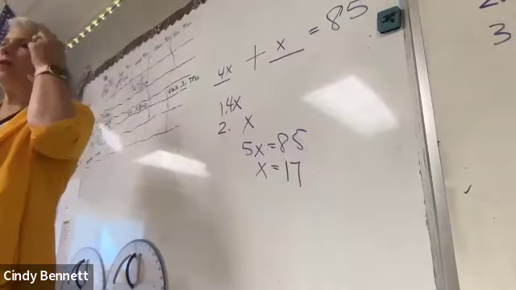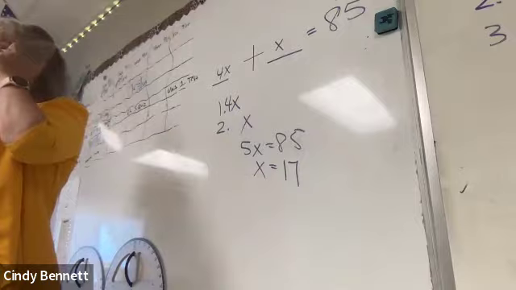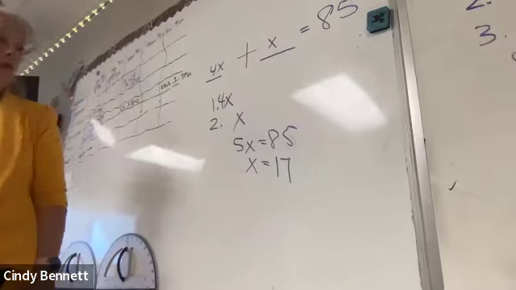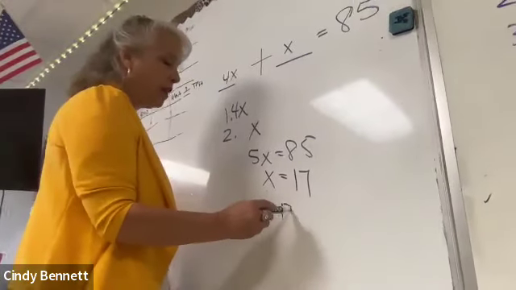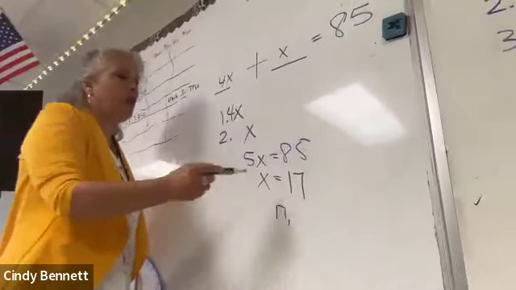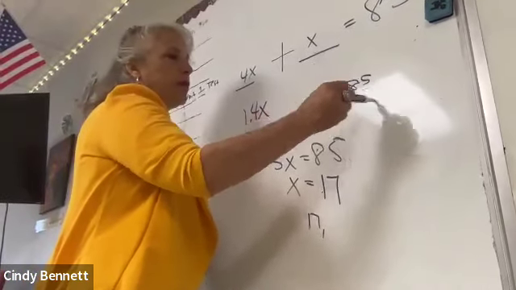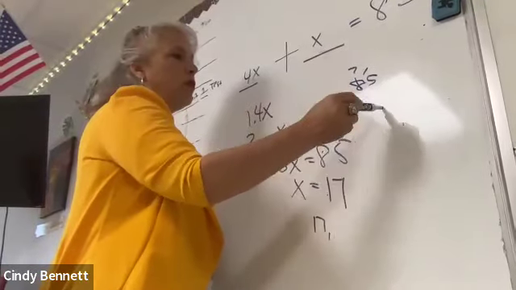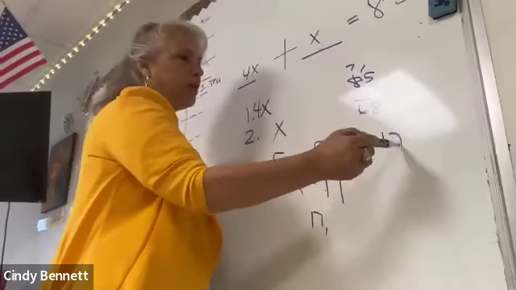Brody, can you get your paper out and start writing? What was the question? What are the numbers? So one of the numbers is going to be 17. What's the other number? So I could either do 85 minus 17, or I could do 4 times 17. That should be the same number.